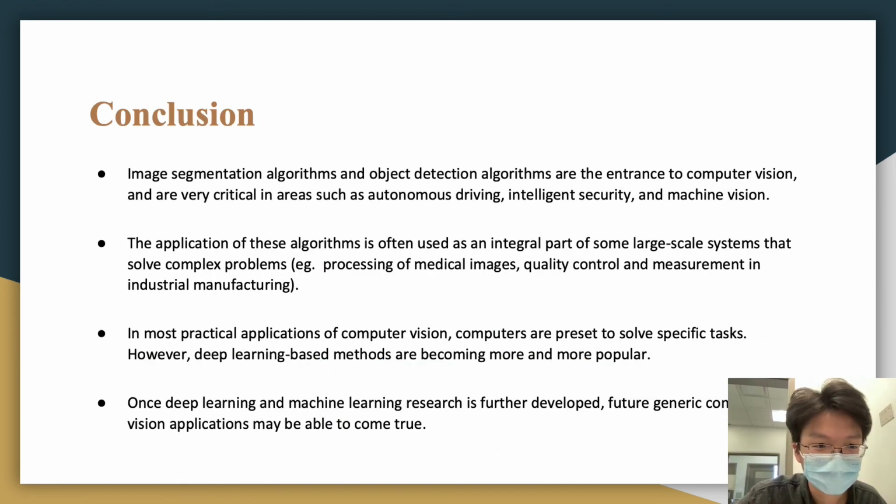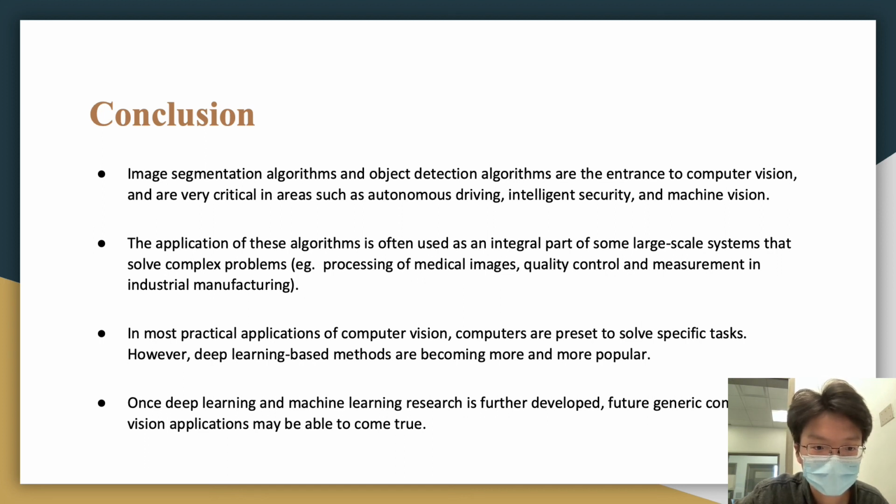In conclusion, image segmentation algorithms and object detection algorithms are the entrance to computer vision and are very critical in areas such as autonomous driving, intelligent security, and machine vision. The application of these algorithms is often used as an integral part of some large-scale systems that solve complex problems.